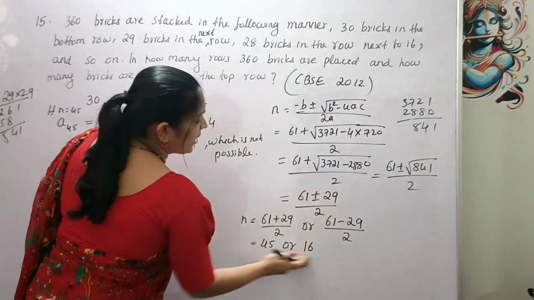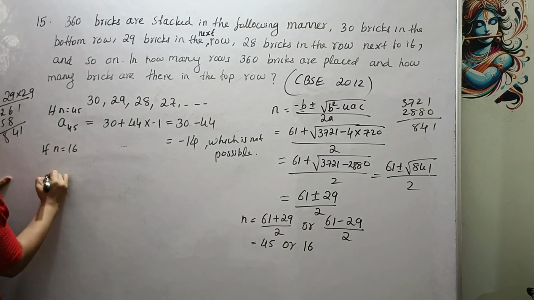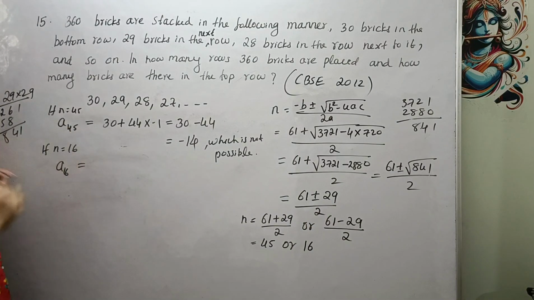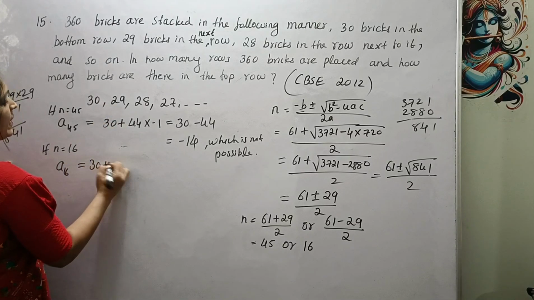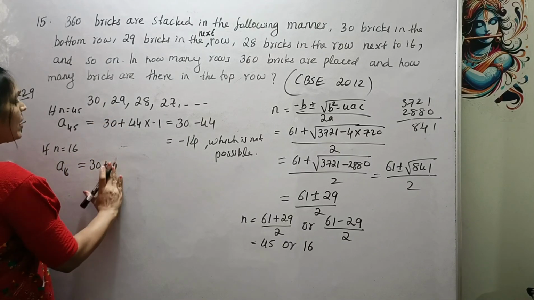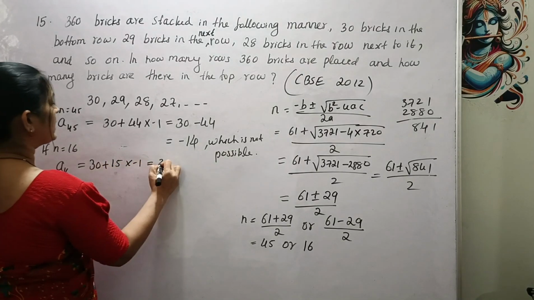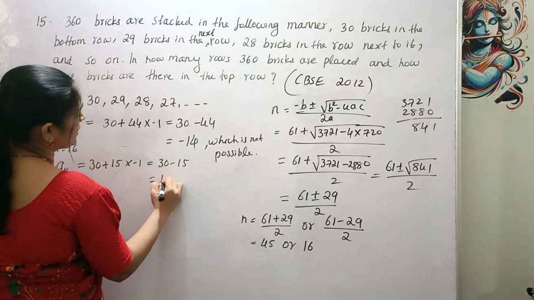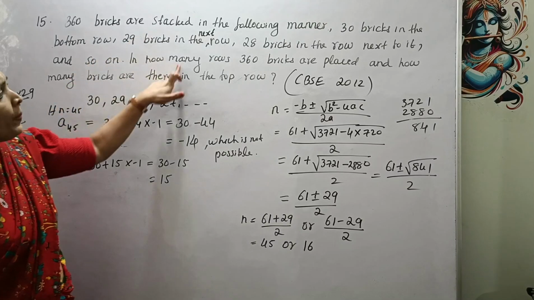Now let's take n is equal to 16. Then if n is equal to 16, A 16 is equal to A plus, that is the first term, plus n minus 1, that is 15, into d, which is minus 1, that is 30 minus 15, that is equal to 15. Okay, we have got 15. Here, what is the answer? In how many rows?